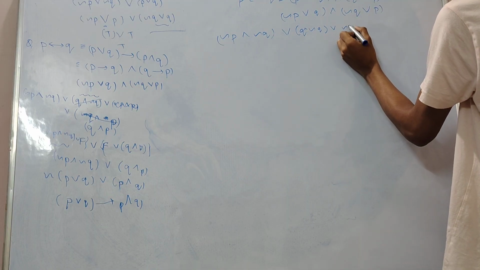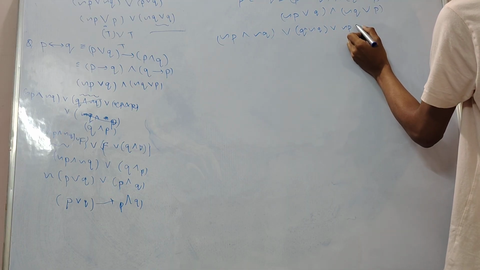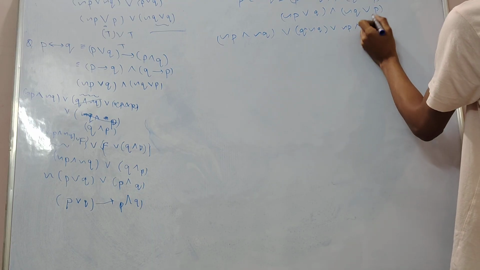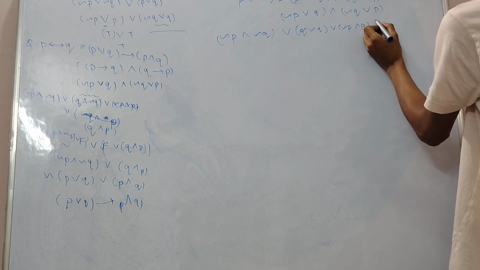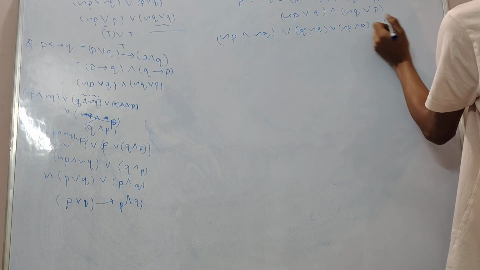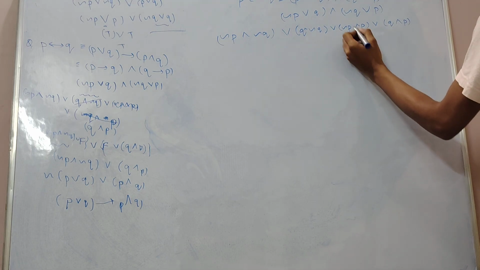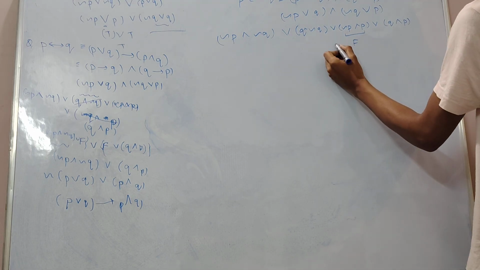Now I will write this as negation of P and negation of Q, or Q and negation of Q, or negation of P and P, or Q and P, right? This will be contradiction.